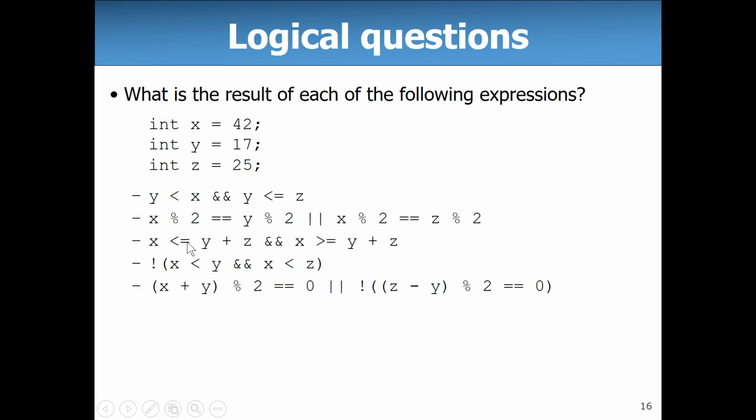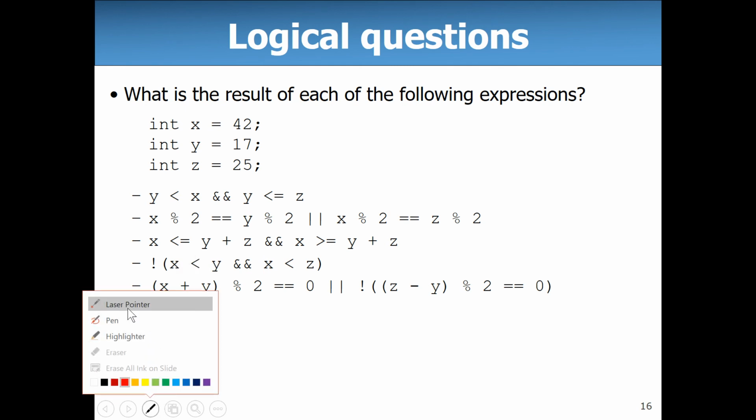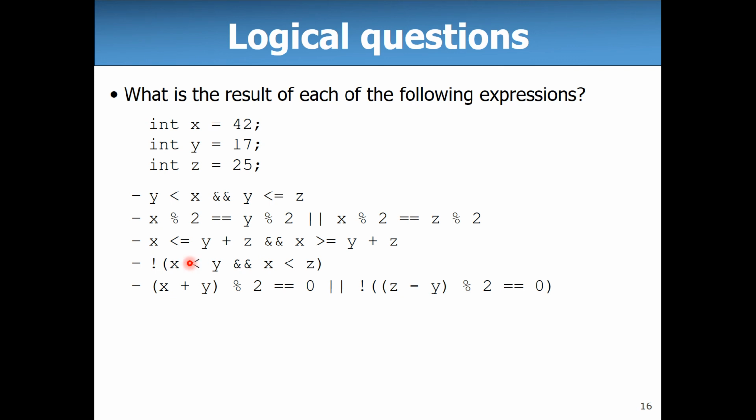So it's both less than or equal to and greater than or equal to y plus z. So this entire statement is true. All right, x is less than y. 42 is less than 17. Okay, we know this is false.